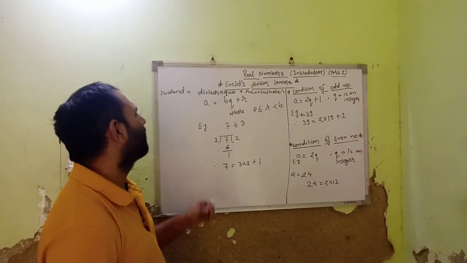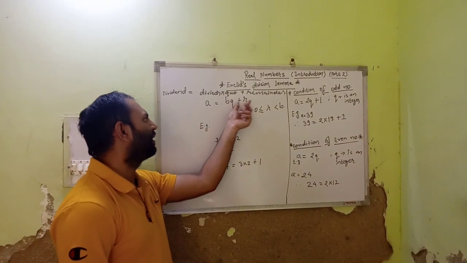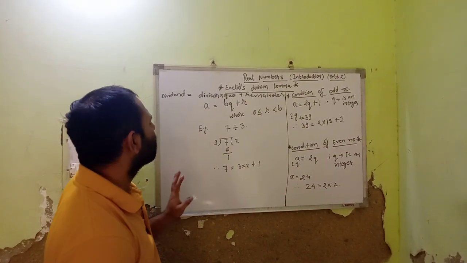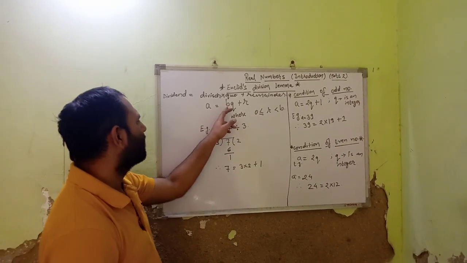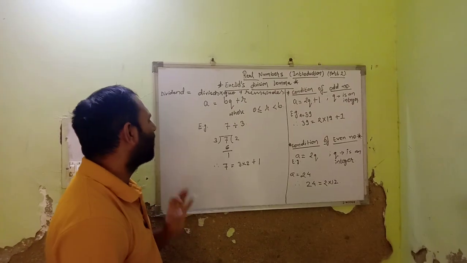But we are going to represent it like this: a = bq + r, where a is always our dividend, b is our divisor, q is our quotient, and r is the remainder.